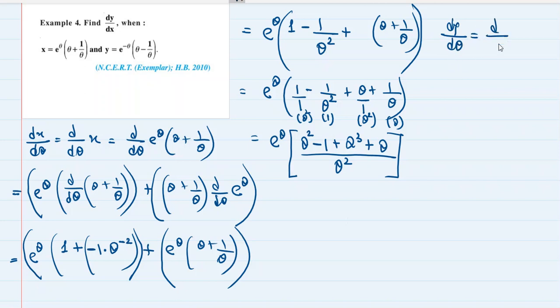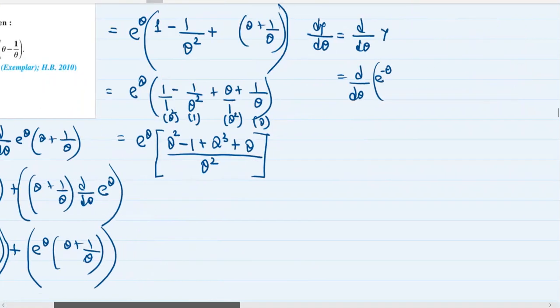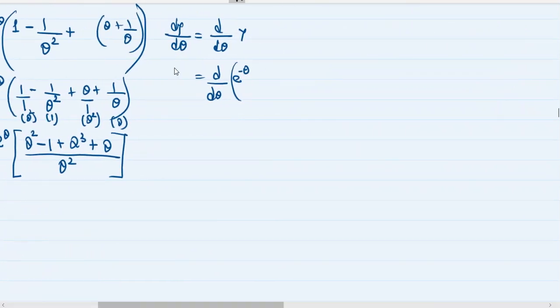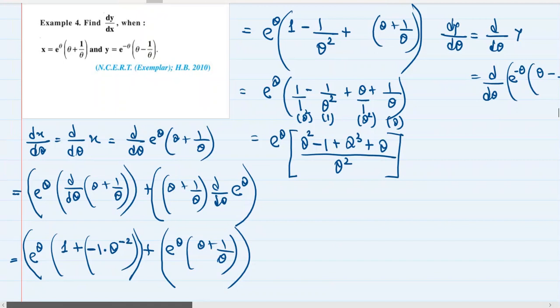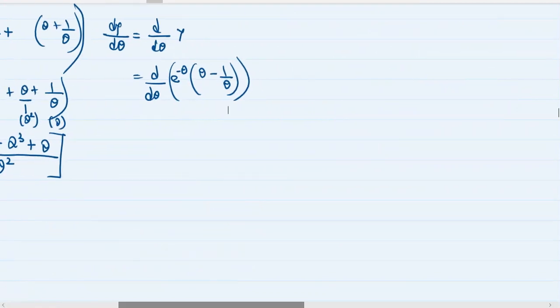which is d by d theta of y, and y is e raised to minus theta times (theta minus 1) upon theta.